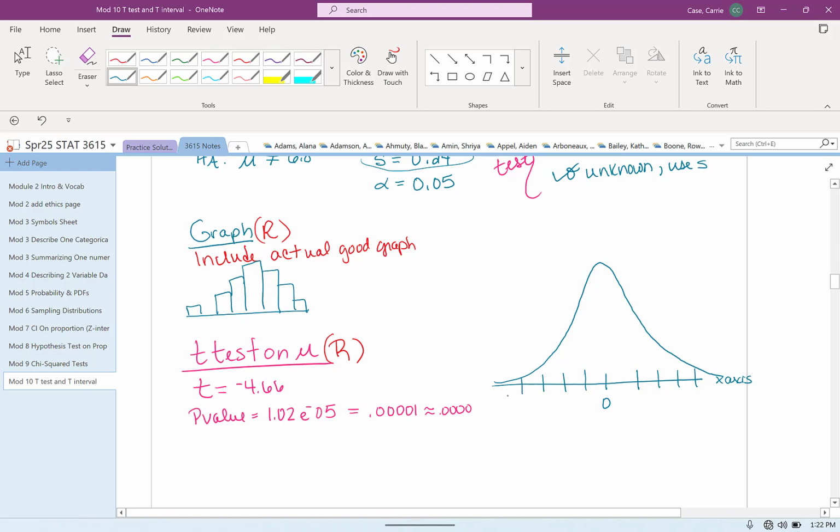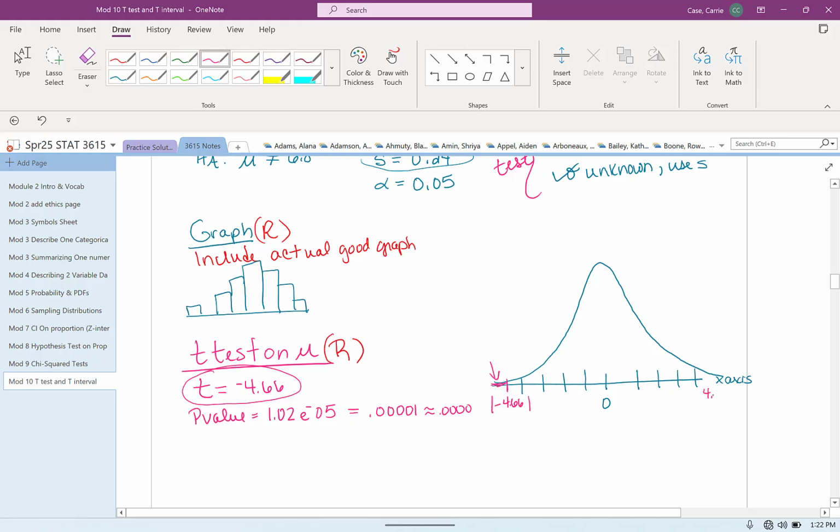And for our example, our t-test statistic is negative 4.66. So negative 1, 2, 3, 4, negative 4.66 is out here somewhere. And so our p-value is associated with the area below that. But remember, when it's a two-sided test, we have to take the absolute value of our t.